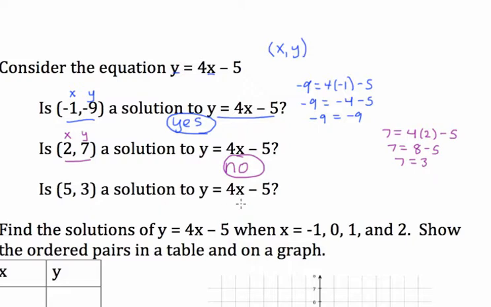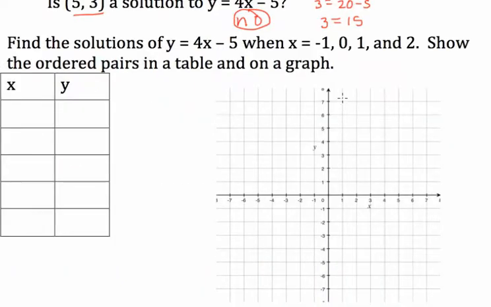It's not a solution. Next one. Is 5, 3 a solution? Again, sub in. We don't end with a true statement, so no. This point is not a solution to the equation y equals 4x minus 5.